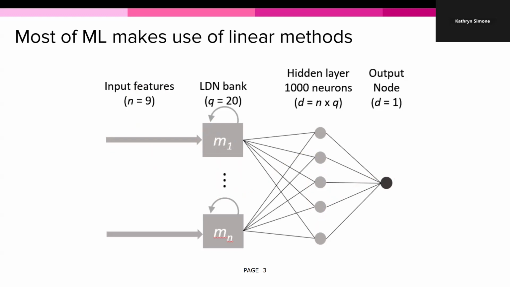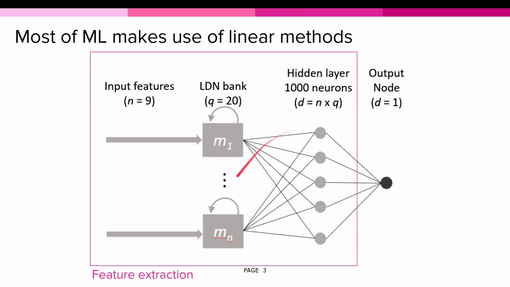And so as classifiers go, this is a little bit more of a complicated one, in that we're dealing with time series data and we've got this fancy state space model in there. But this architecture gives us a window into a general structure for a lot of machine learning algorithms. Specifically, everything in this box on the left here, we can call feature extraction.